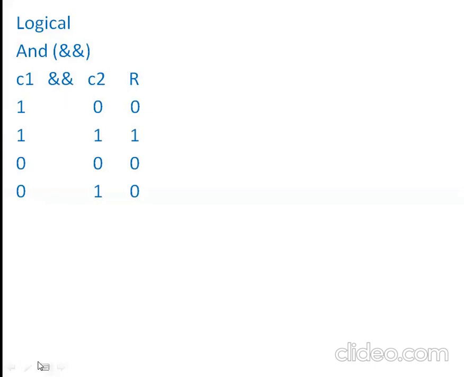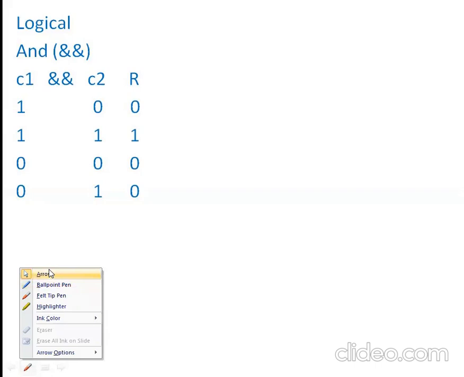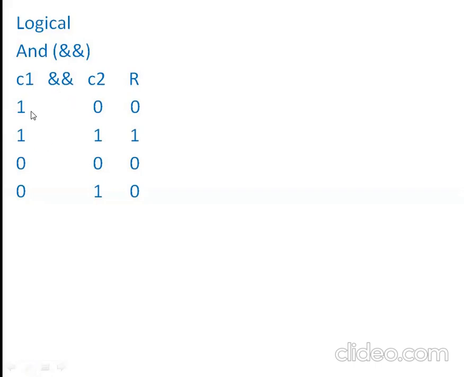If I perform the AND operation between C1 and C2, and condition 1 is true and condition 2 is false, then the result will be false. If condition 1 is true and condition 2 is also true, then the result is true. If this is false and this is false, then the result will be false. Suppose one is false and another is true, then the result will be false. So, clear?